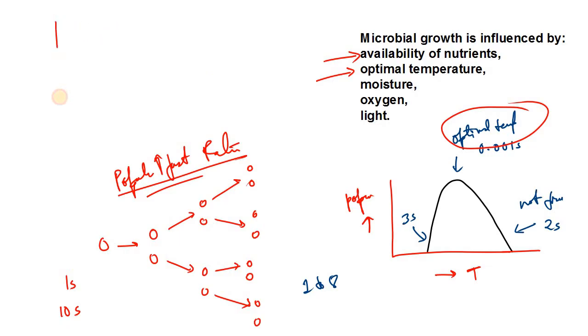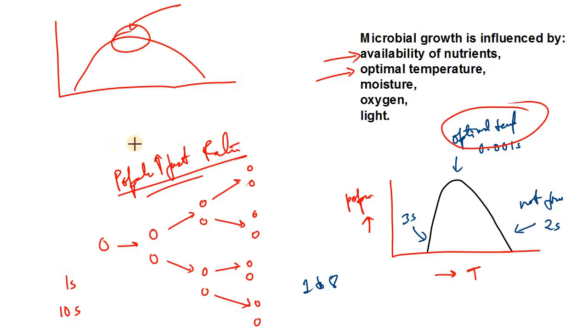Now if we look at a different microbe, it might have a different structure like this, temperature dependence. But one thing is important, this peak does happen for each and every microbe, this dependence on temperature, and we have to understand this feature. Suppose there is a microbe we want to take care of, that is, we don't want it to multiply.